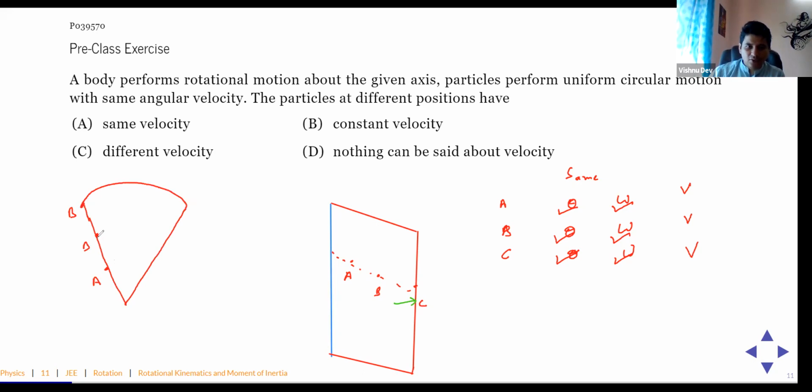Math is always around you. Now tell me, this length is L1, this length is L2, this length is L3. Is L1 equal to L2 equal to L3? Yes or no? No, right? It is common sense.